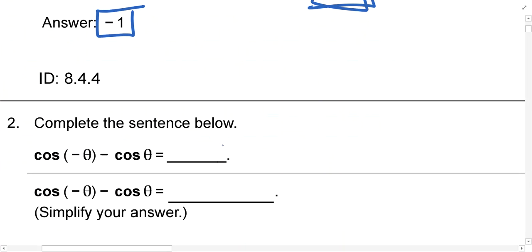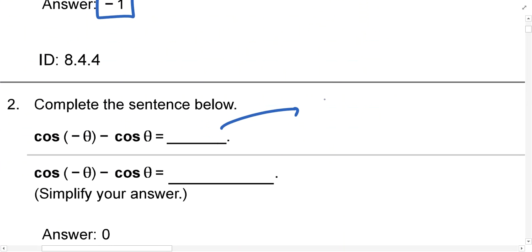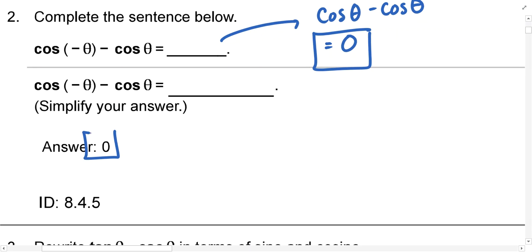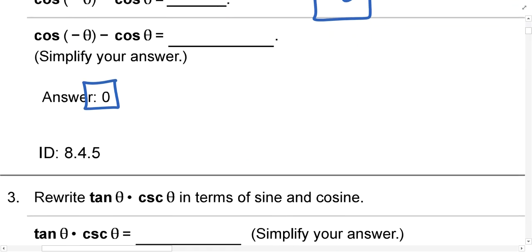So, cosine of negative theta is the same as cosine theta, and cosine theta minus cosine theta, of course, is 0. And as I punch that into Math Excel, we would be given credit for that particular question too.